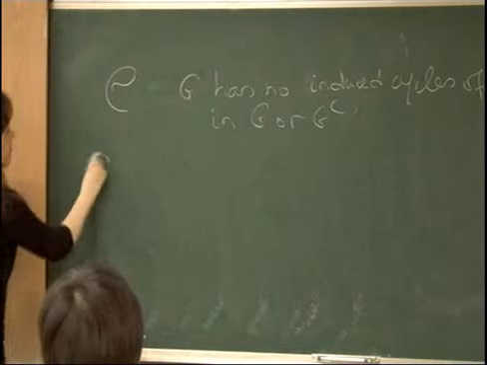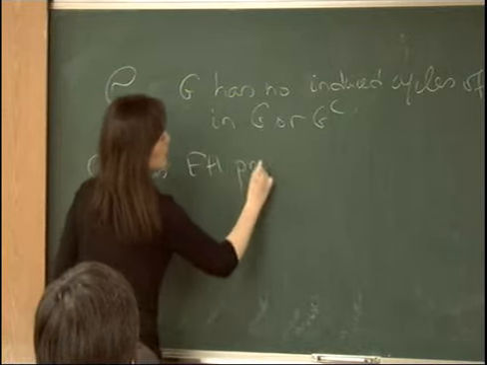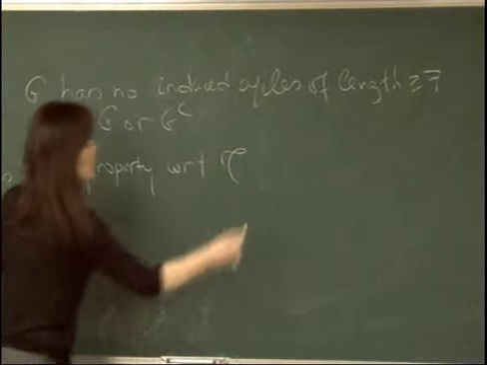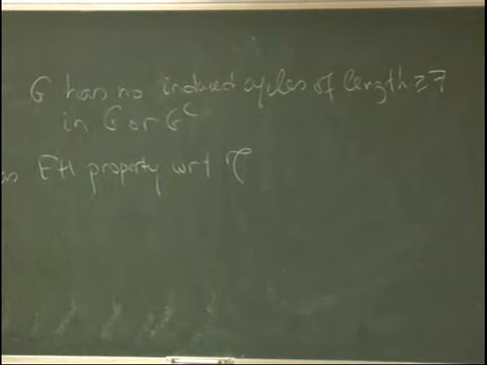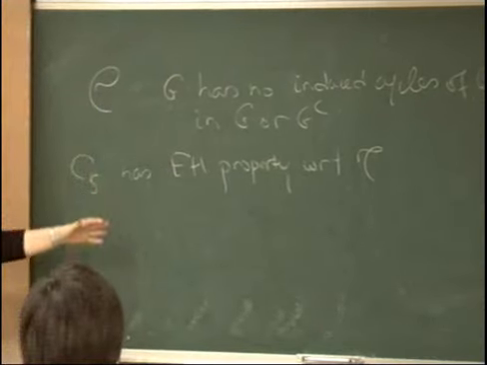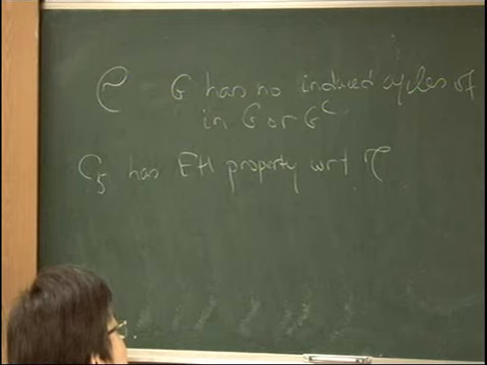Well, then C5 has the Erdős–Hajnal property with respect to this class C. Right? Because why? Well, if I take some graph here and also tell you it doesn't contain C5, then it's perfect. So it has a clique or a stable set of size square root of the number of vertices.